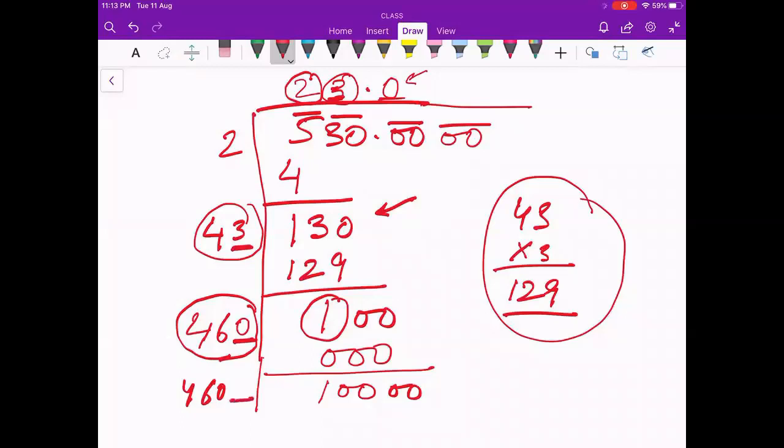Now again, we follow the same step. We have to write 1 digit here and 1 digit here, so that the multiplication of this whole number with this digit will give us something close to this number.